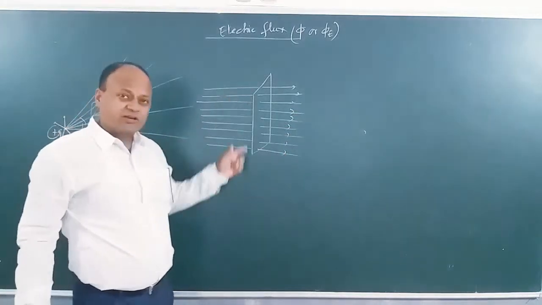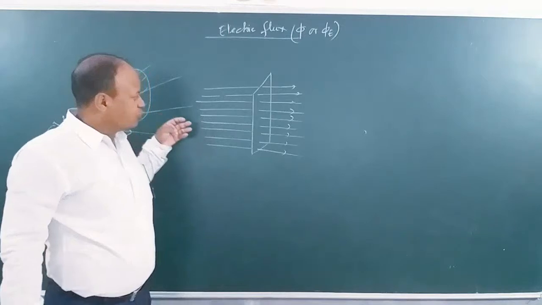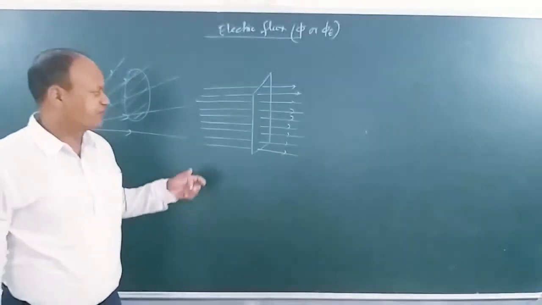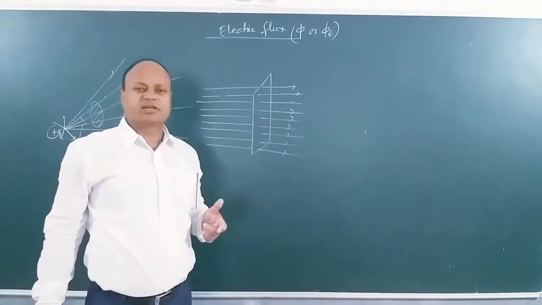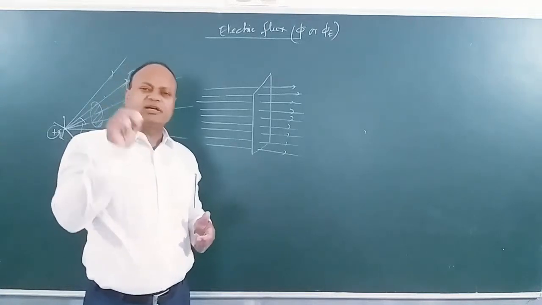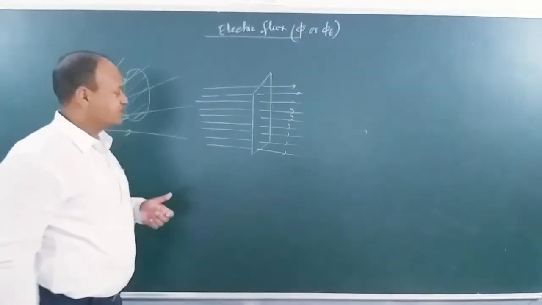If I hold a surface in a region containing an electric field, then the total number of lines passing through the surface at right angle is called electric flux. Meaning, the total number of field lines passing through a given surface at right angle is called electric flux.